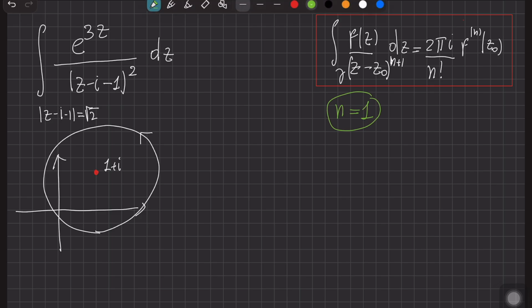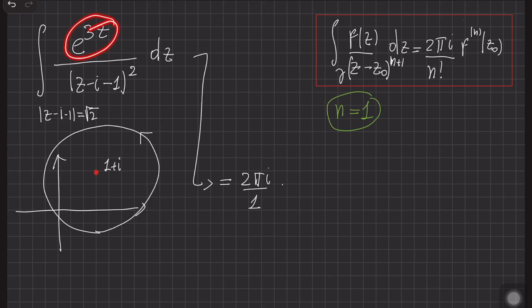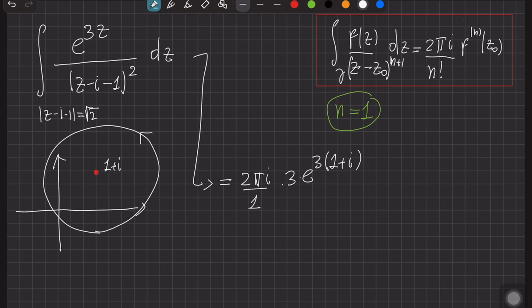So my integral is equal to 2 pi i divided by n factorial, for me n is equal to 1, so just 1, times the first derivative of my analytic function, e to the 3z, evaluated at my point. The derivative of e to the 3z is 3 times e to the 3z, so it's e to the 3 times 1 plus i. You can simplify this a little bit, this becomes 6 pi i times e to the 3 plus 3i.